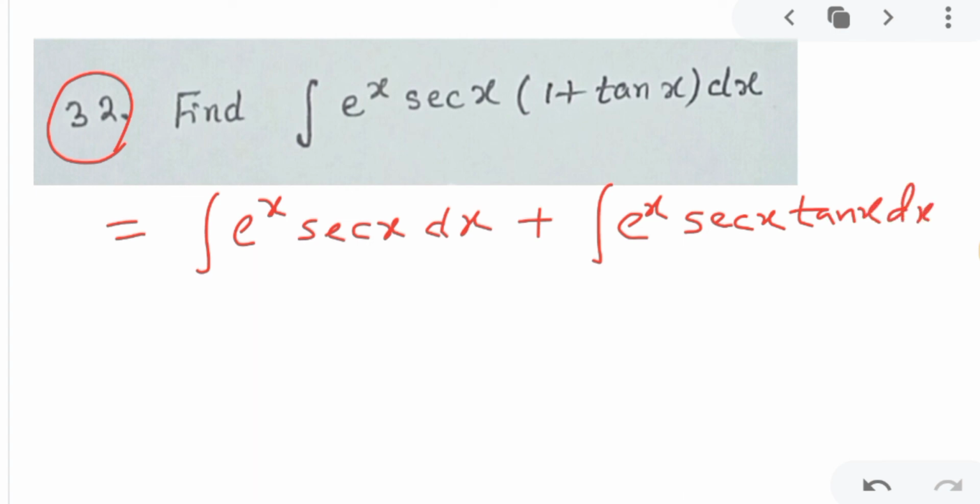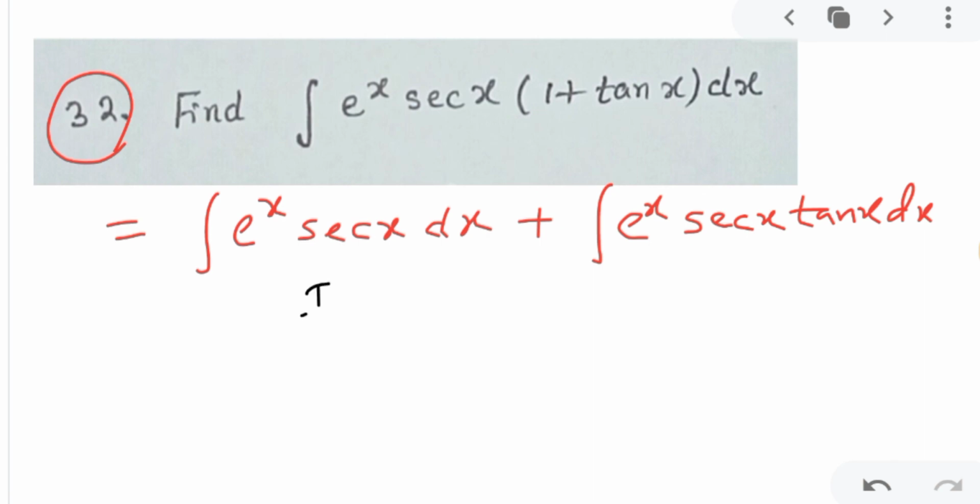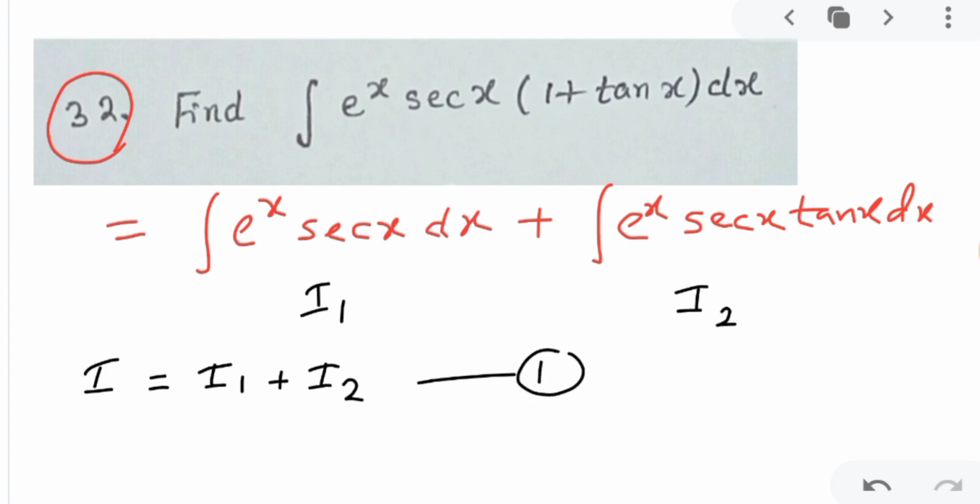I separated. Now I am calling this I1 and this I2, and on the whole I am taking I, correct? So I is equal to I1 plus I2, and we have to find the value of I. So now I will do it separately. First I will find I1, then I will find I2.